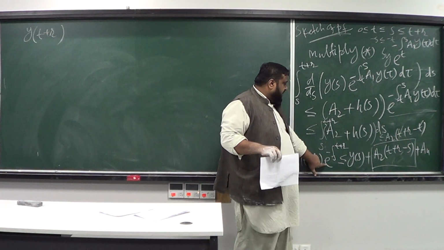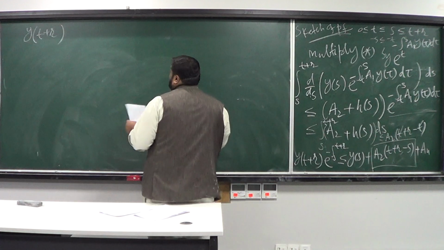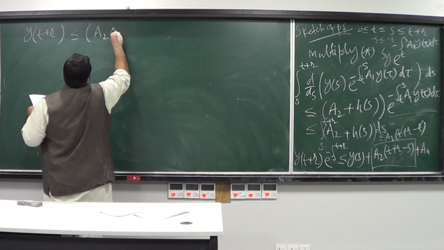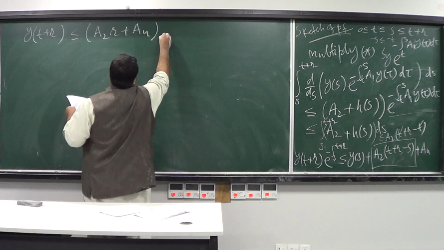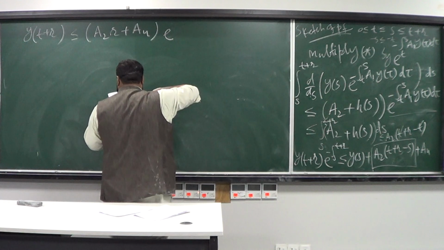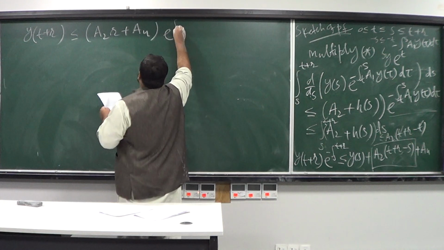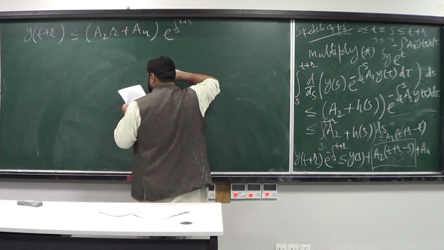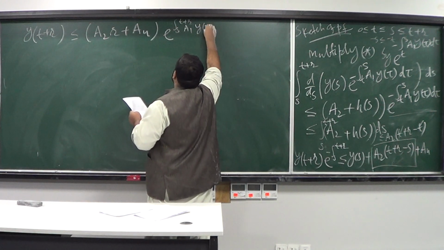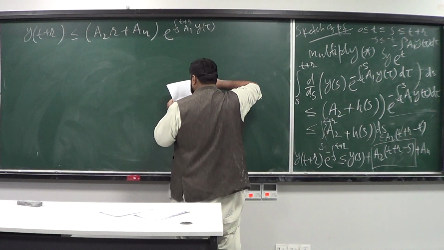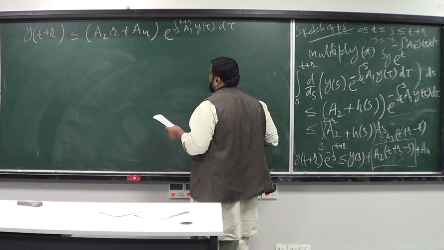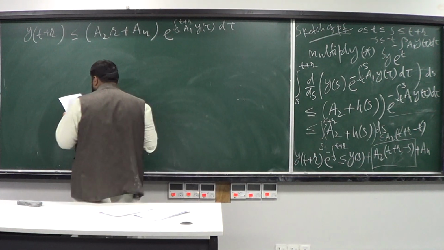If I send this factor to the other side, I can say that y of t plus r can be estimated by a2r plus a4 multiplied by e to the positive s to t plus r, and a1 y of tau d tau.